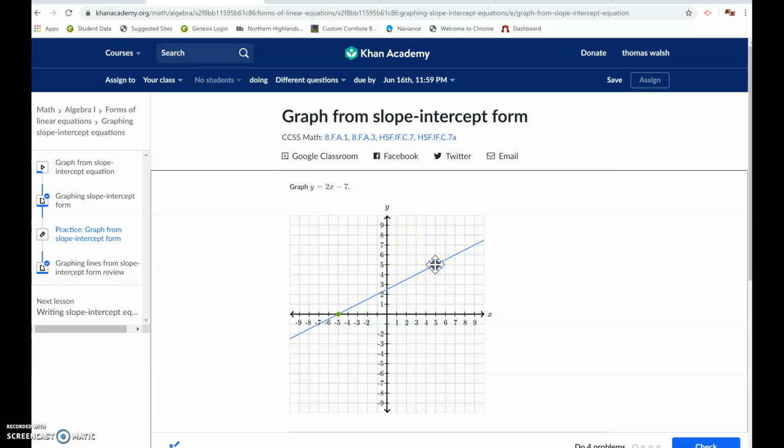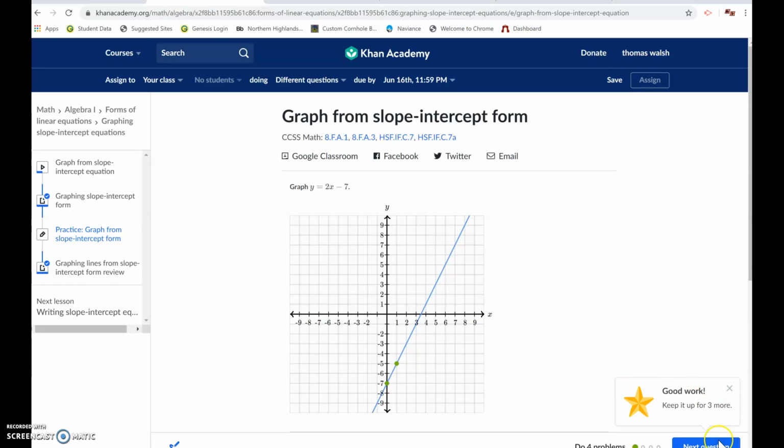And they can check their work, and first we'll start at the y-intercept, and we'll do the rise and run up 2 over 1. And it should end up right here. And then they can check their work and see how they do.